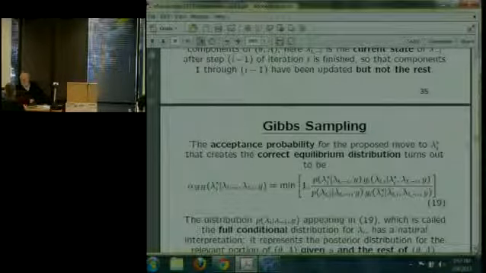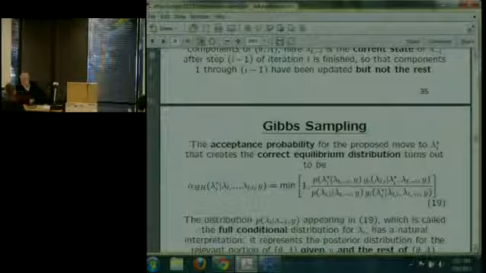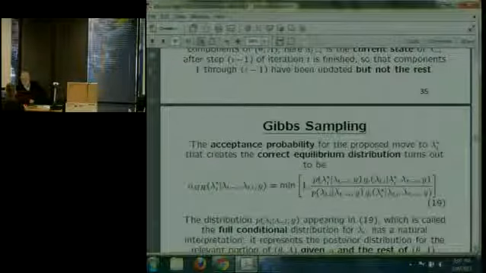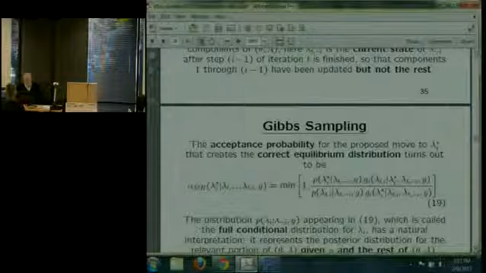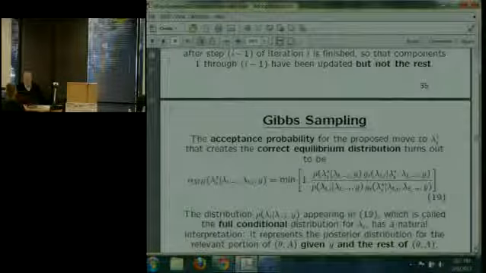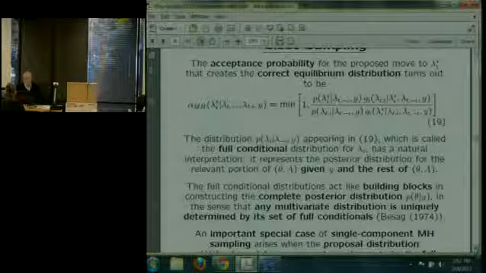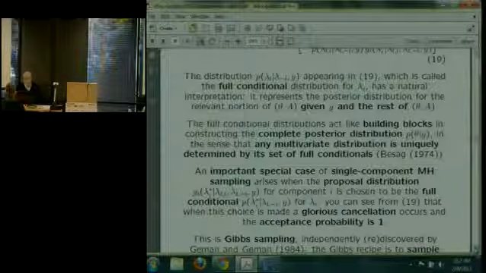This special case of Metropolis-Hastings sampling, where you choose the proposal distributions to be the full conditionals, is the version that those Geman and Geman brothers independently rediscovered. And they called it Gibbs sampling, although they didn't know at the time that it was just a special case of Metropolis-Hastings. So this is Gibbs sampling.